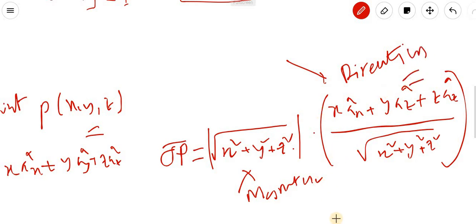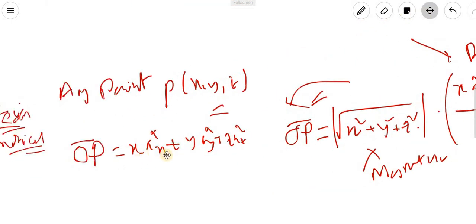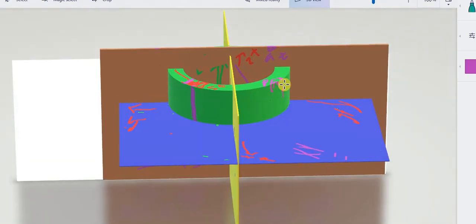So this represents the unit vector of OP. Actually OP is represented like this, x ax plus y ay plus z az. This represents the position vector of any point in the Cartesian coordinate system.